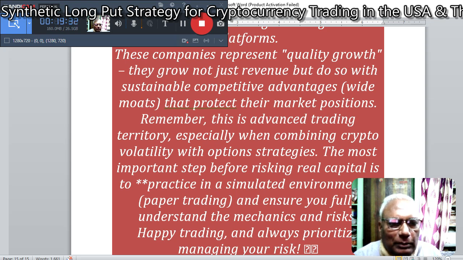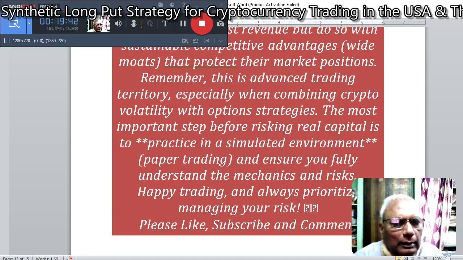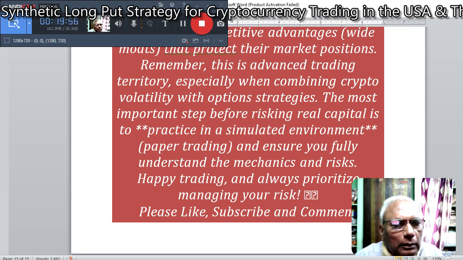The most important step before risking real capital is to practice in a simulated environment. Paper trade first and ensure you fully understand the mechanics and risks. Important: paper trading, dear traders.